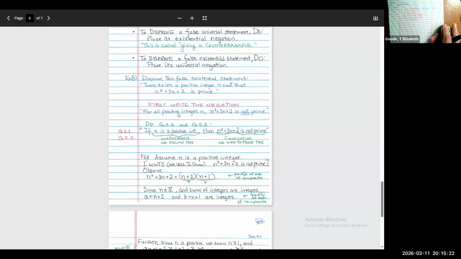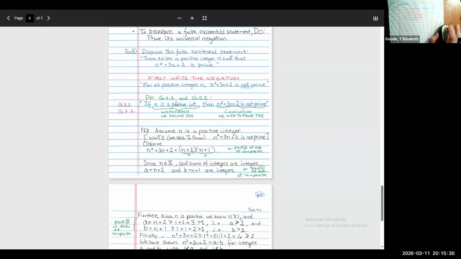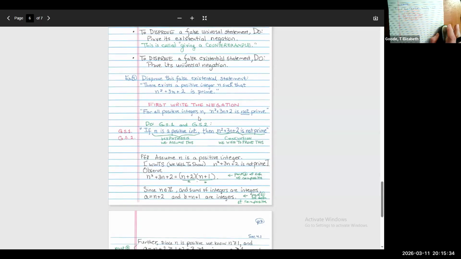Right. So we're going to prove for all positive integers n that n squared plus 3n plus 2 is not prime. So we wrote it as an if-then. What kind of integers are we talking about? Positive. Yes. So use that for your hypothesis. If n is a positive integer, then n squared plus 3n plus 2 is not prime.